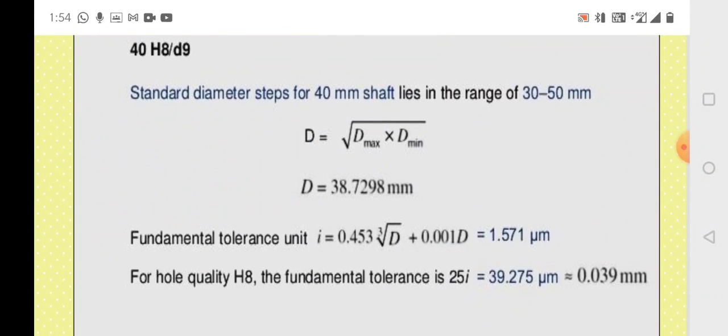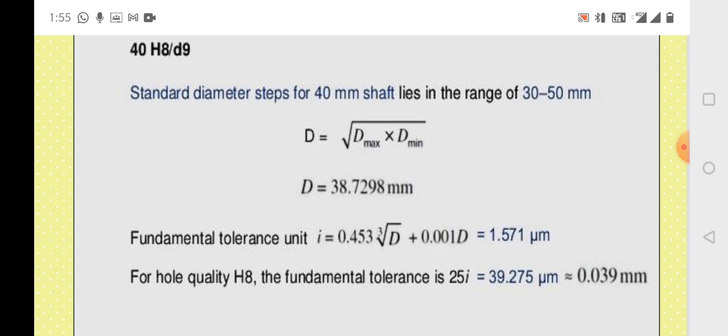Now the 40 is the basic size, and this basic 40 mm size falls in the range of what? 30 to 50 as per that table, and it is given in the problem itself that it lies in the diameter step or diameter range of 30 to 50 mm. So to calculate D, that is the geometrical mean of the diameter, under root D max into D minimum. D max is 50, D minimum is 30.